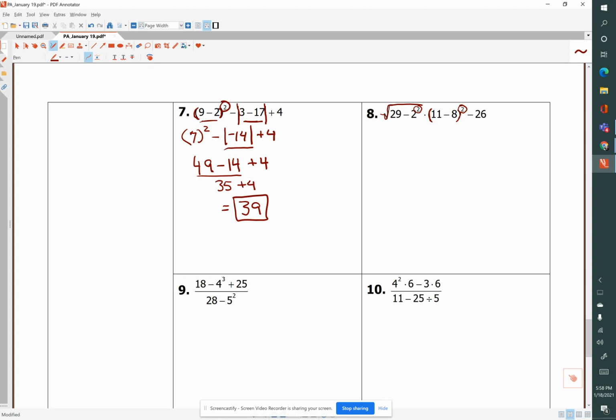So let's start with 2 to the 4th power and 11 minus 8. So we still have the square root of 29 minus 2 to the 4th power is 2 times 2 times 2 times 2, 11 minus 8 is 3, and that is to the second power minus 26.